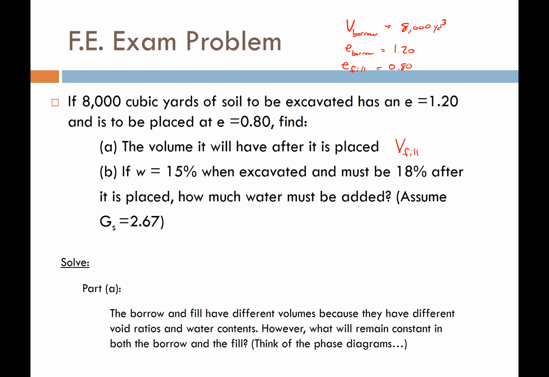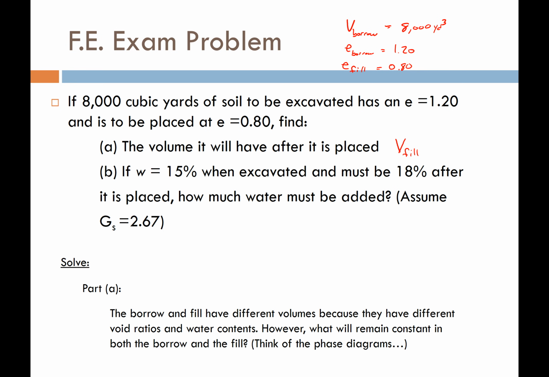Now, there's a trick to solving these problems, and engineers can sit and spin their wheels for a long time trying to figure it out, but if you know the little trick, you can solve almost any one of these borrow-fill problems. Now, the borrow and the fill are going to have different volumes because they have different void ratios. We can adjust the amount of voids in the fill because we can compact it.